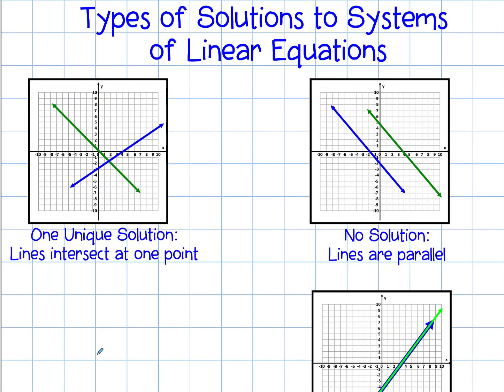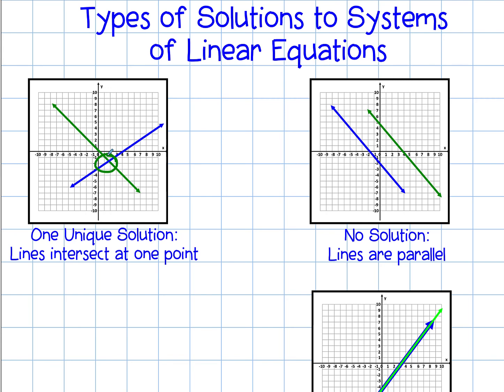Now, just like with an equation with one variable, you could end up with a system of equations with different types of solutions. So when the lines intersect, like our first system that we did, where you see the lines crossing somewhere, or they would eventually cross, that's going to tell you that you have one unique solution.